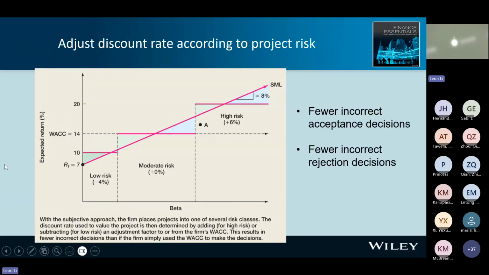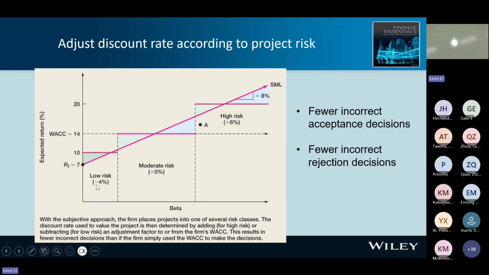It doesn't mean we don't have incorrect area; it will become smaller. So we have fewer incorrect acceptance decisions and fewer incorrect rejection decisions if we use a different discount rate for different risk.